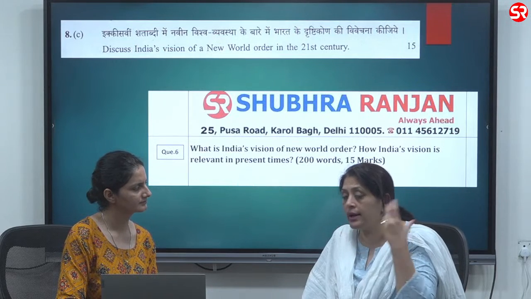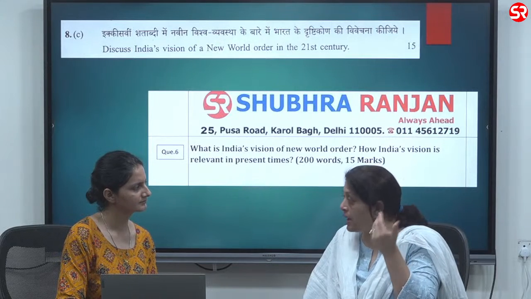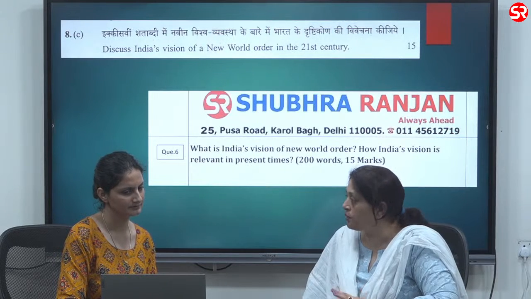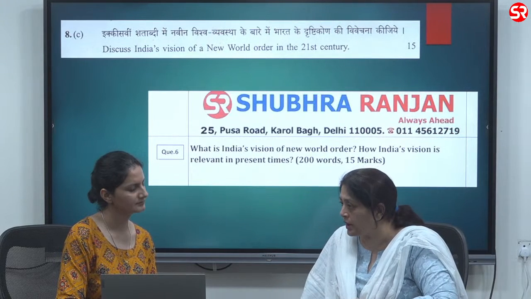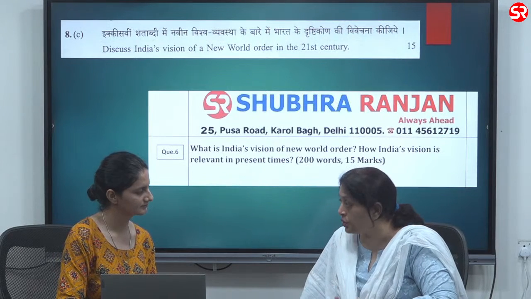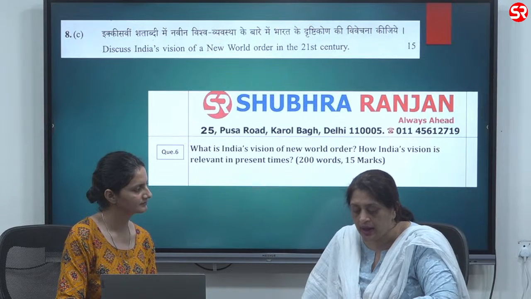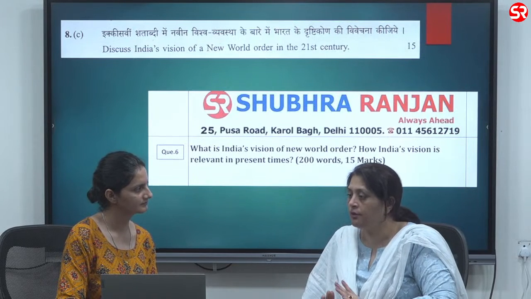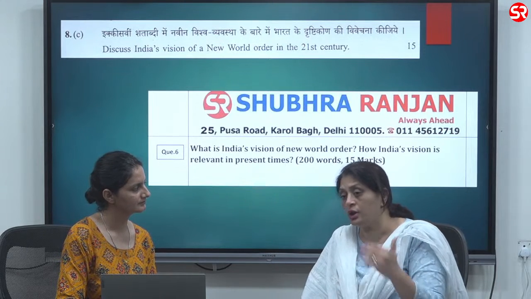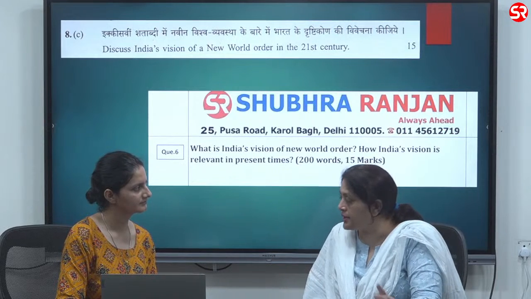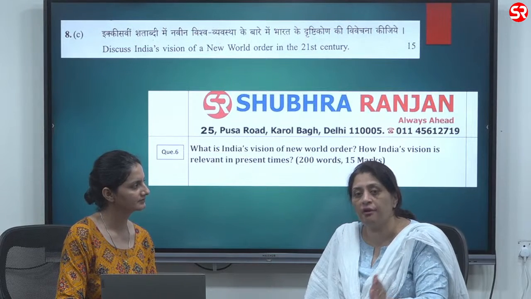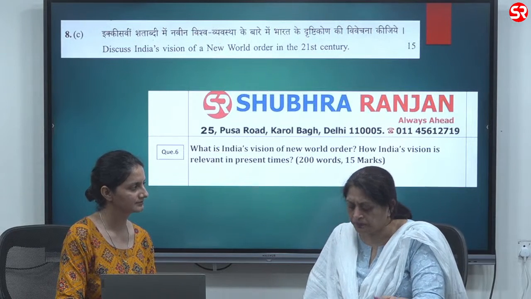More concrete shape you could have given in the form of the Bandung principles, and even after the end of the Cold War, we have continued supporting multilateralism. We want a world order which is conducive for the growth of India as well as developing countries, as well as global peace. We believe that countries should follow the rule of law. Despite not supporting Western resolutions against Russia, India has reiterated time and again that Russia should follow the rule of law.